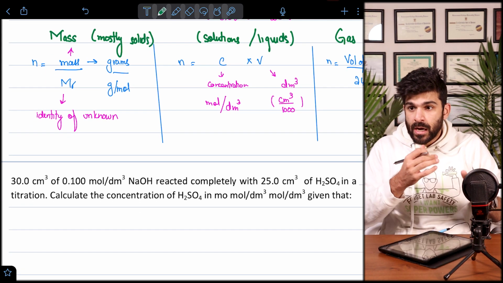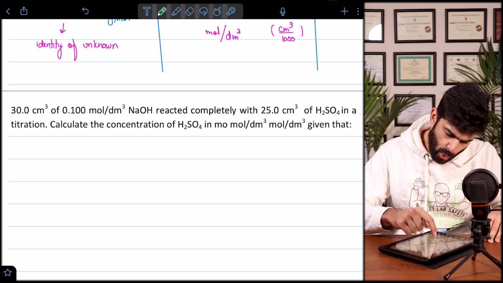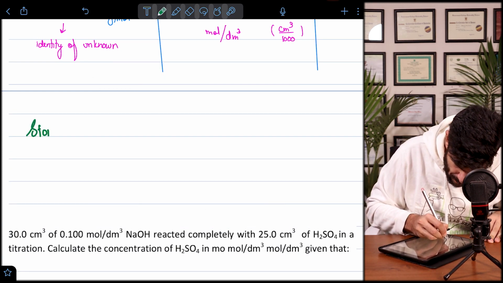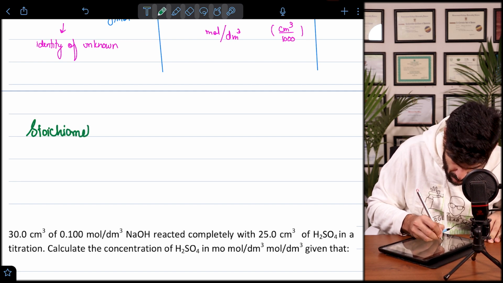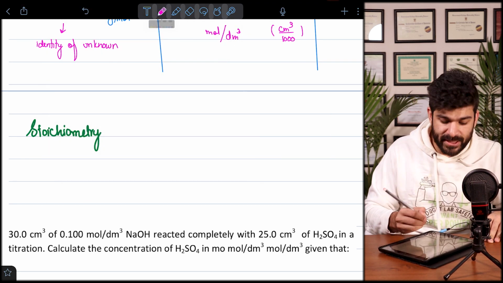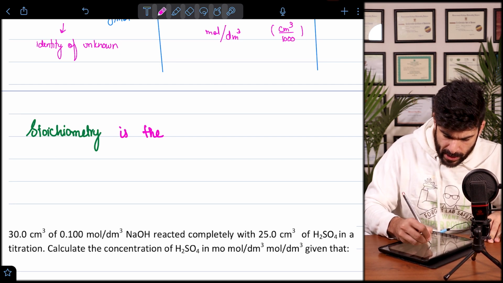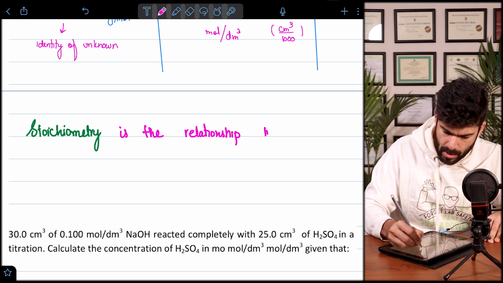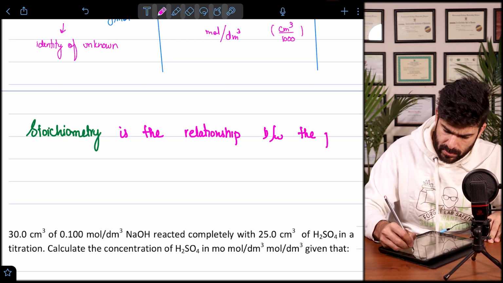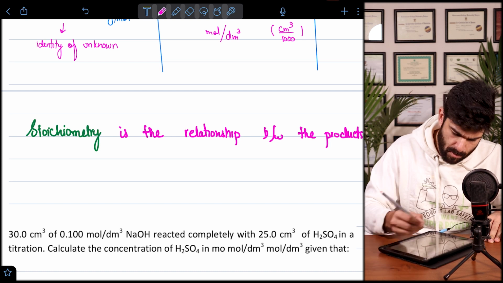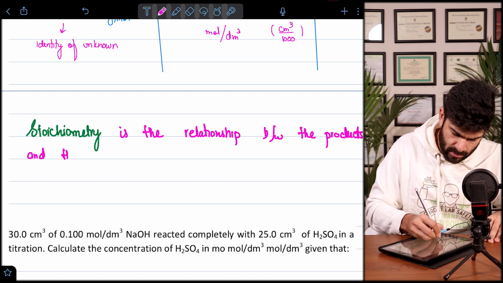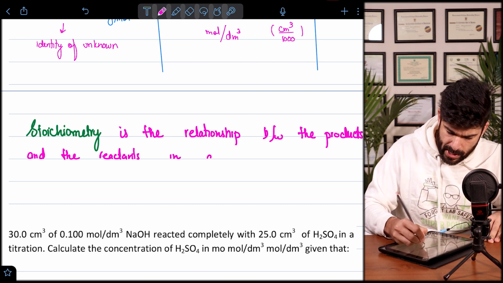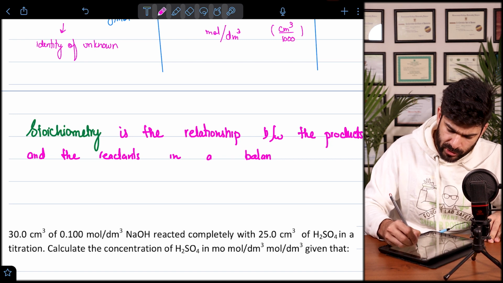Now, before we solve questions, let's understand what stoichiometry is. Stoichiometry is the relationship between the products and the reactants in a balanced chemical equation.